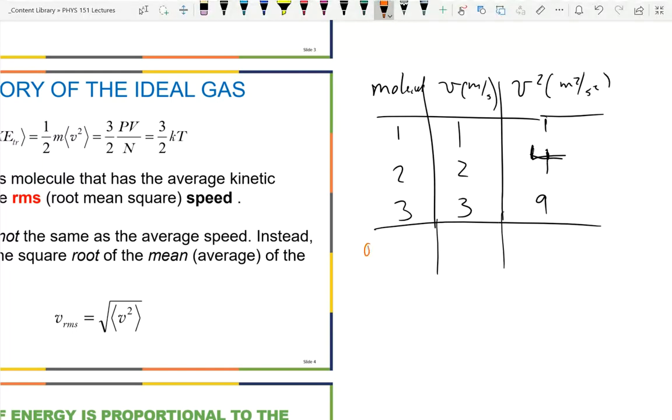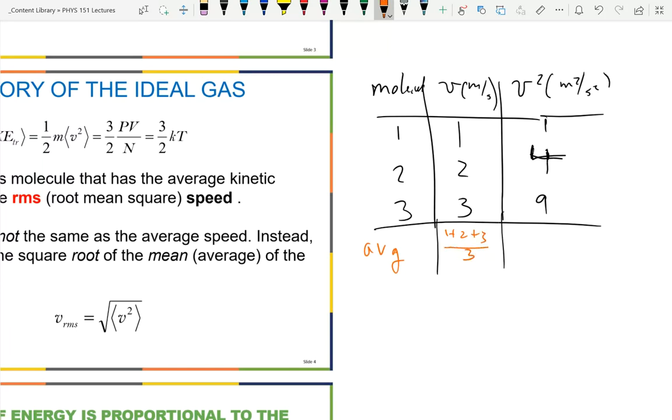So now let's calculate the average. What's the average of 1, 2, and 3? 2.5. Okay, we're going to do this like we don't know anything. To find the average, you add them up and divide by the number of items. That's 1 plus 2 plus 3 divided by 3 items.